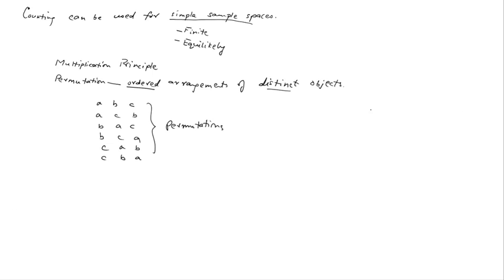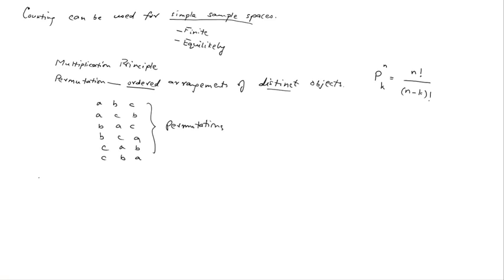We also looked at the formula for permutations: if you have to choose k objects from among n objects, you can do this in n factorial over n minus k factorial ways.